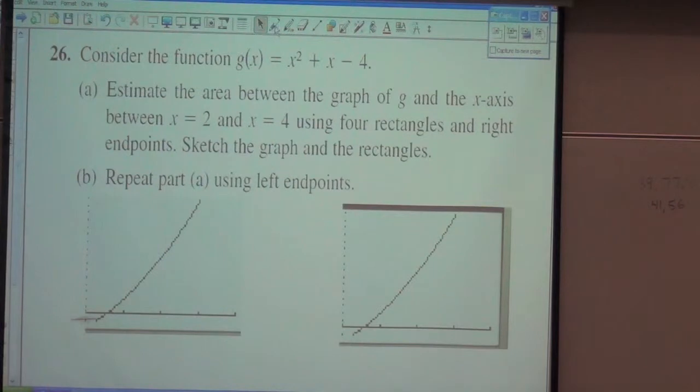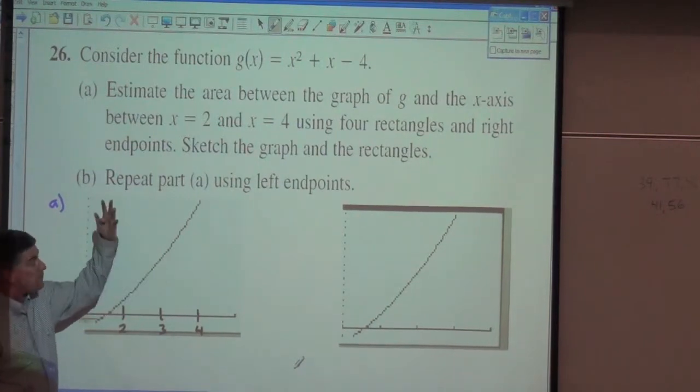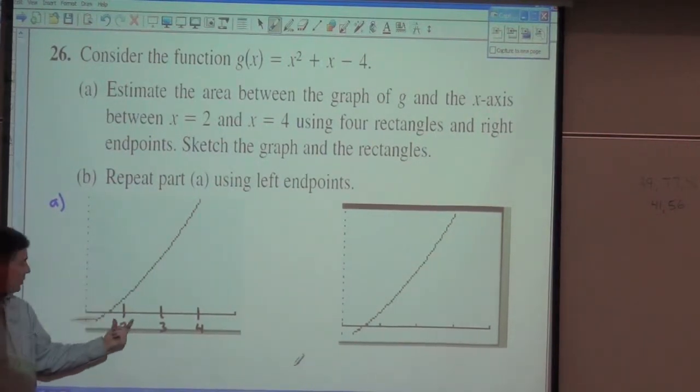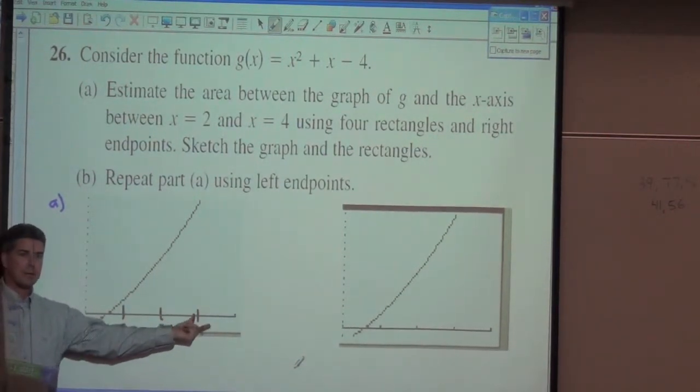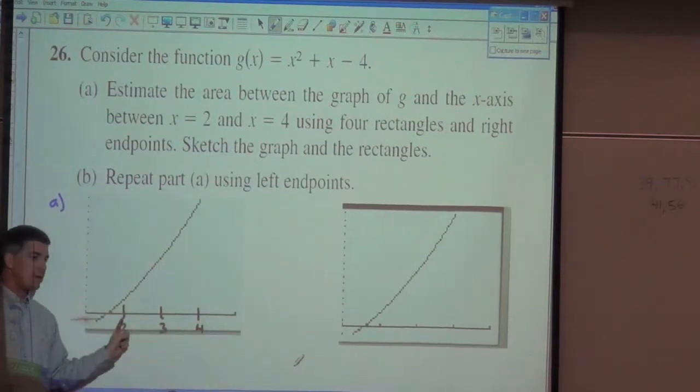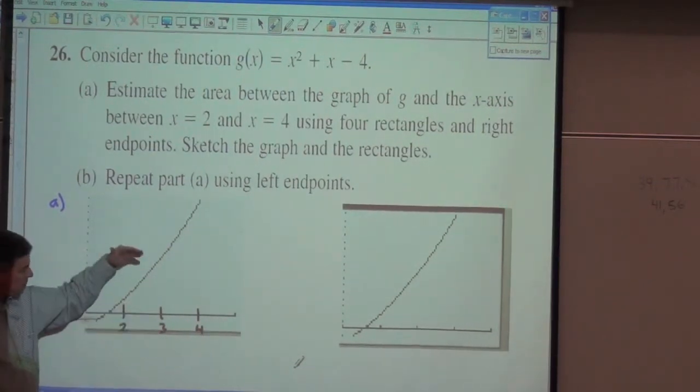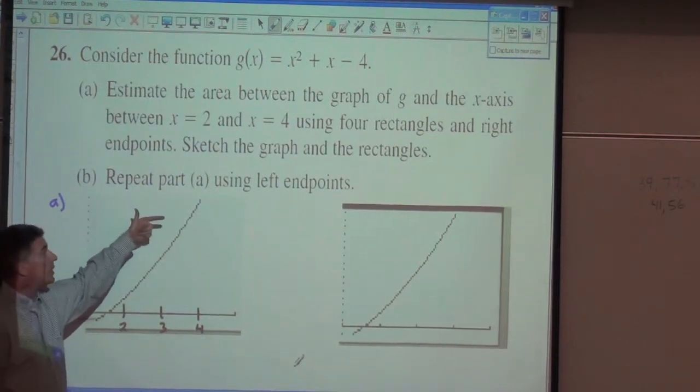So here we'll do part A with right endpoints. This right here is 2, and 3 and 4. If we're going from 2 to 4 and we want 4 rectangles, then we want the width of each one to be a half, because we do 4 minus 2 over 4, the change in x over the number of rectangles.